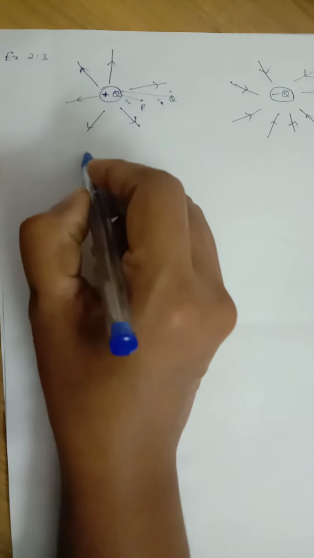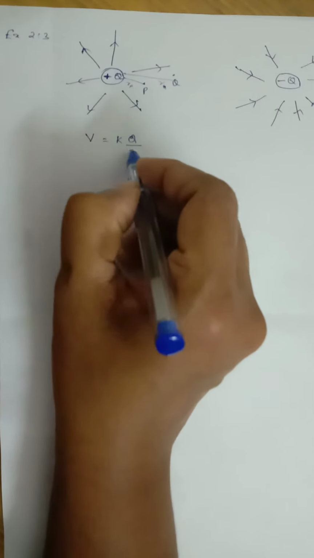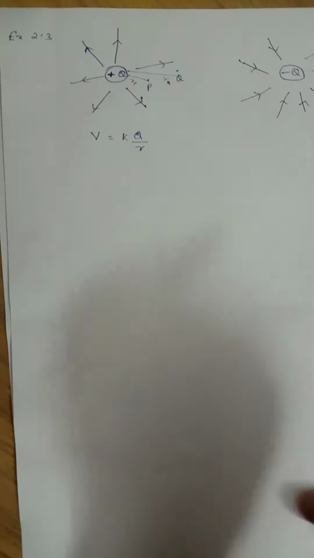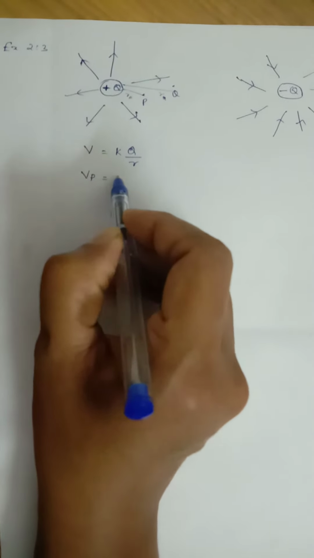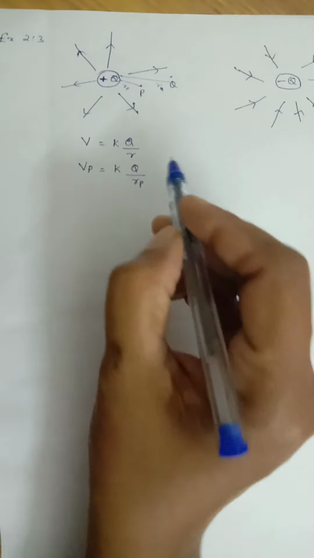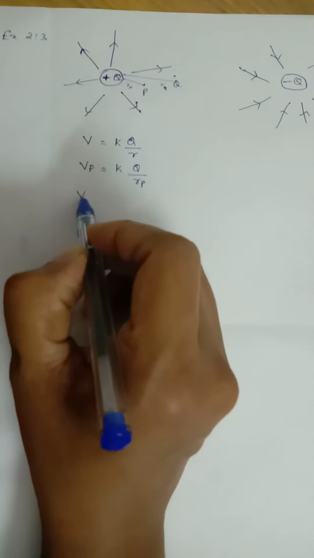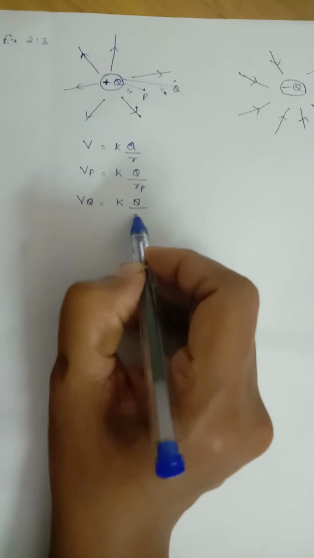We already know the equation V is equal to KQ by R. So Vp is equal to KQ by Rp, and VQ is equal to KQ by RQ.